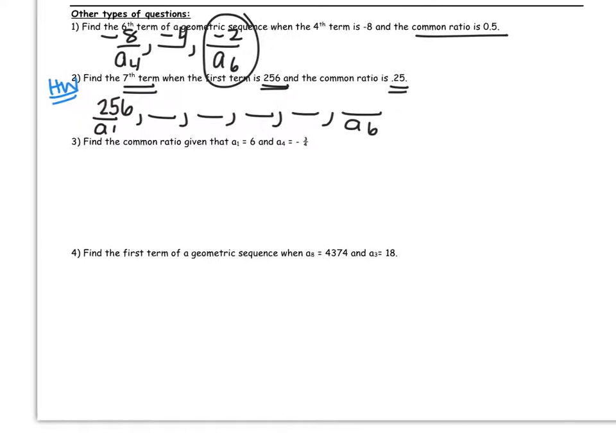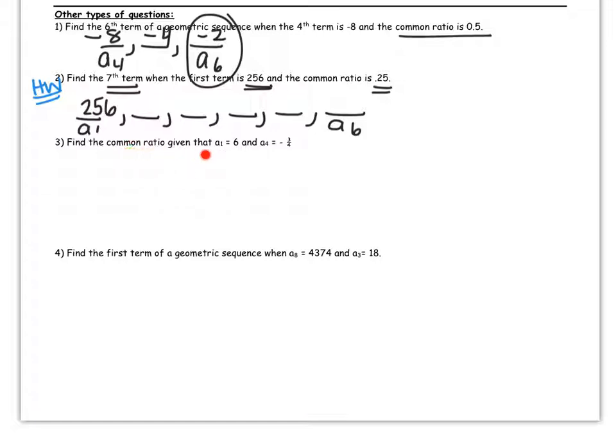Find the common ratio for number 3, given that a sub 1 is 6 and a sub 4 is negative 3/4. So this is kind of like what we did with the arithmetic sequences. We have to understand what we're doing. We're multiplying 6 by some common ratio, and then we get this number.